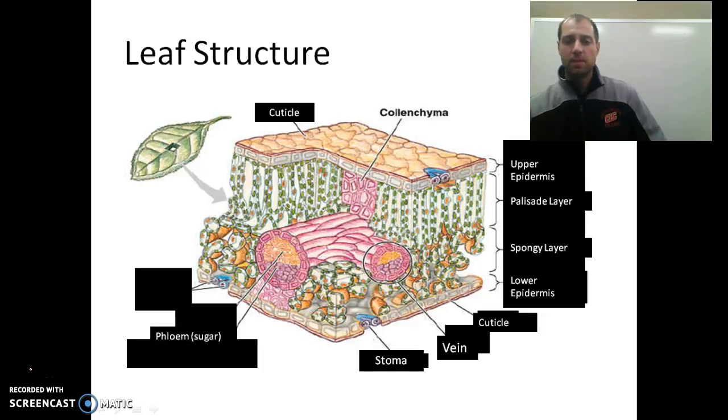The veins are made up of two types of material. The first is phloem. Phloem is going to carry food or sugar throughout the plant. And the xylem is going to carry water. And then, as I talked about already, our stoma are surrounded by guard cells.